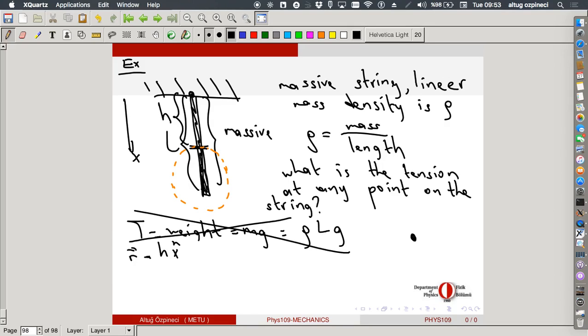What are the forces acting on it? There will be gravity, the weight. There will also be the force due to the tension at that point, which we denote by this vector T. These are the only forces acting on my object. This is what we call a free body diagram.